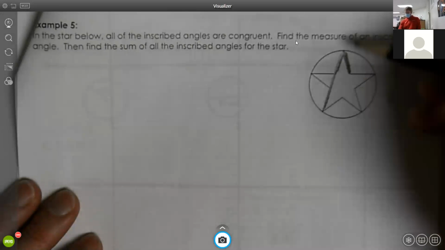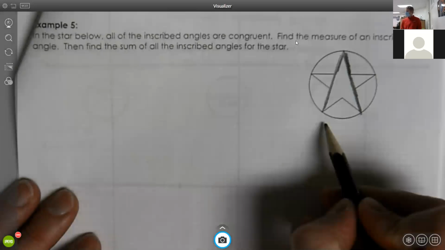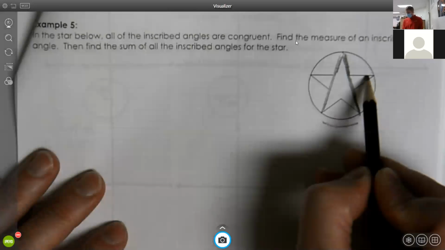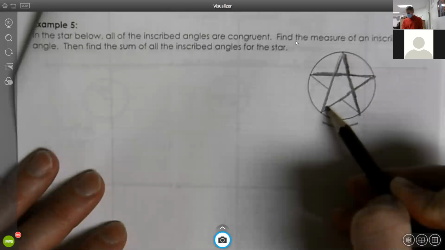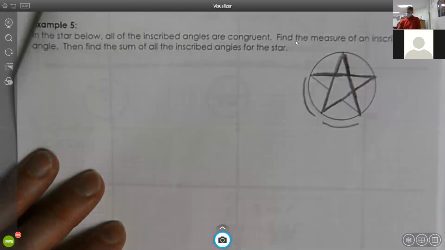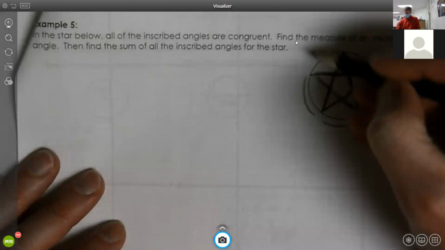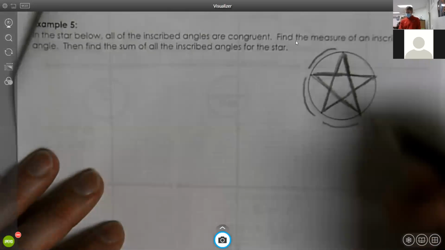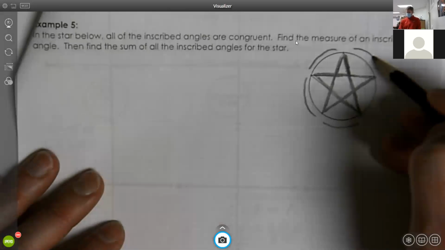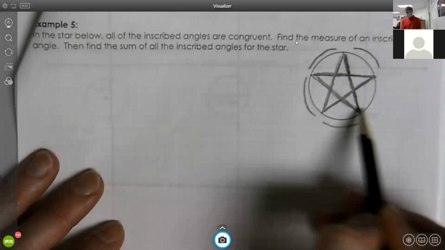So this one is opening up there. This one is opening up here. This one is opening up there. This one is opening up here. And this one is opening up there.